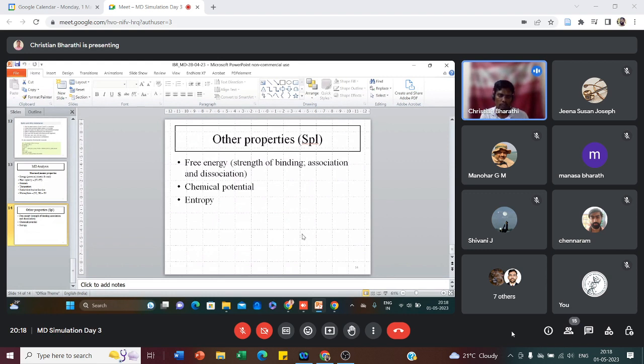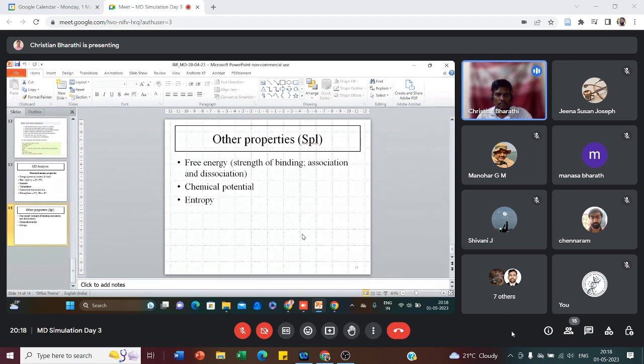We have to take the output of the MD simulation, and some algorithms are developed by a few labs, such as MM-PBSA and MM-GBSA, two kinds of analysis. We can use those standalone or other tools for calculating the free energy of our ligand and receptor.